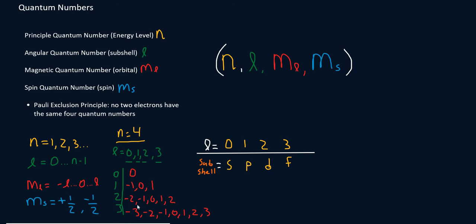So hopefully you see the pattern now, where you are just going from the negative L value up to 0 and then up to the positive L value.